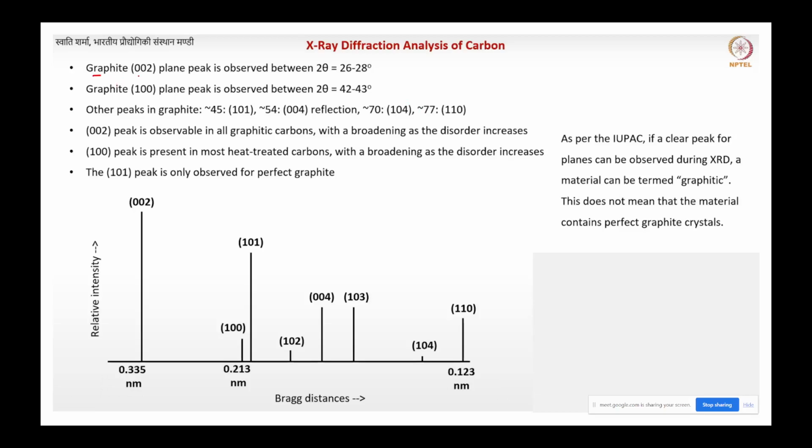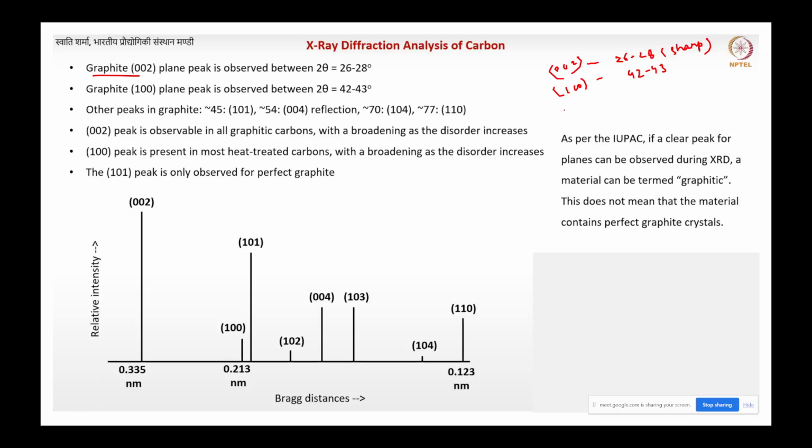You will get a graphite peak at the 002 plane, at around 26 to 28 degrees. This is a very sharp peak with the highest intensity. Then you will get a peak at 100, observed between 42 and 43 degrees. Other peaks in graphite would also be present.